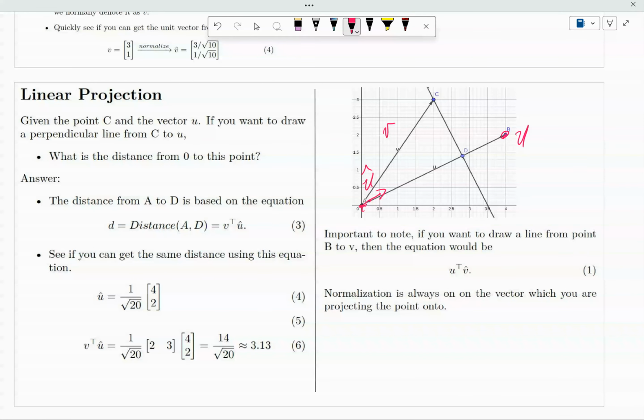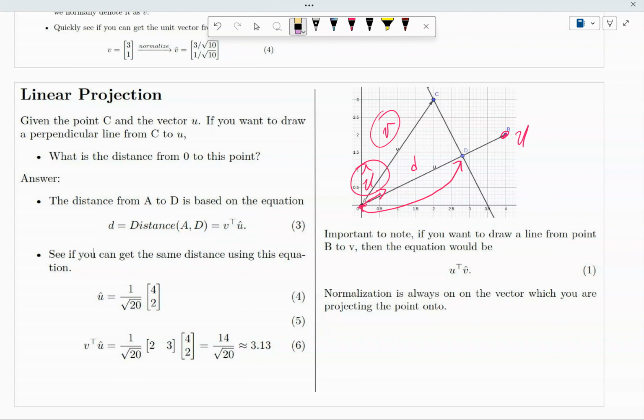And this distance here, from here to here, is simply v dot u hat, u hat. So u hat is the one being projected onto. V is doing the projection. Therefore, the one that's being projected onto is the one that has to be normalized. And there are geometric reasons why this calculates the distance automatically, but we're not going to get into it right now.